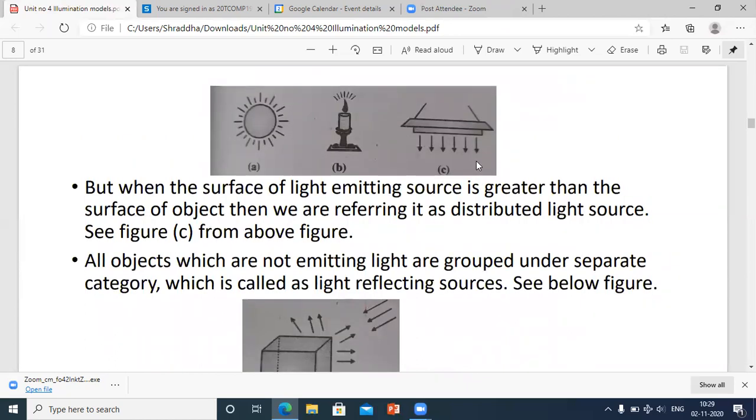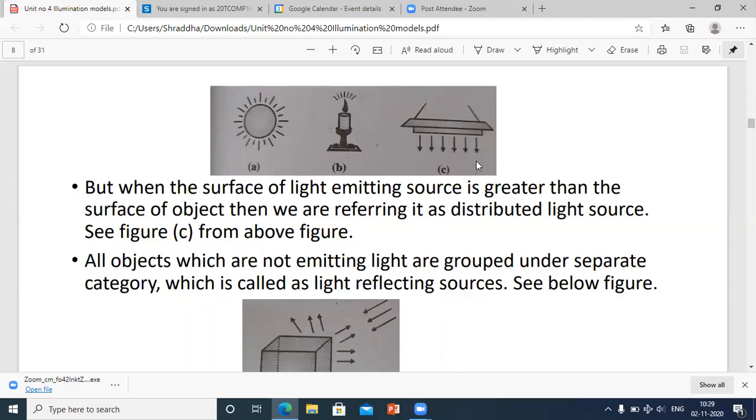But when the surface where you want to produce the light is greater than the surface of the light emitting source, then we are referring to it as distributed light source, okay. If the surface that we want to light up is greater, then which lighting source is preferred? Distributed light source. If we want to light only a particular source, then only a single point is considered, okay.